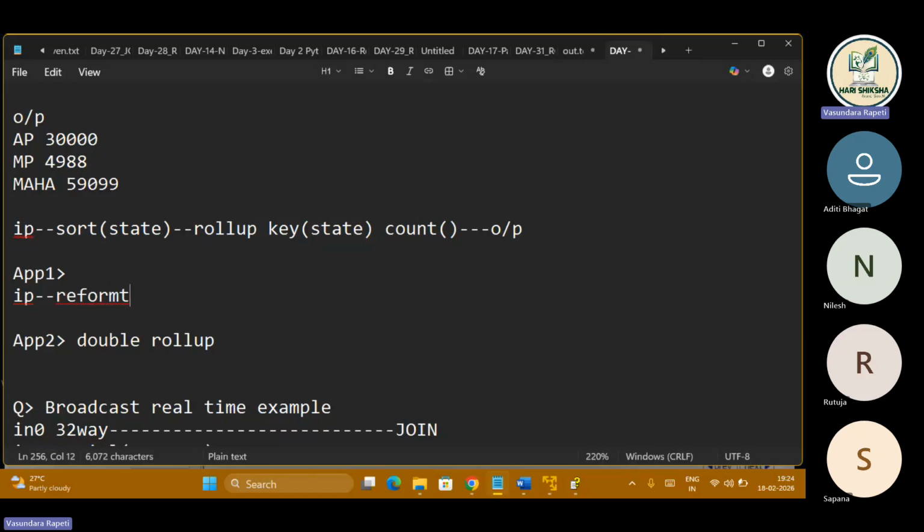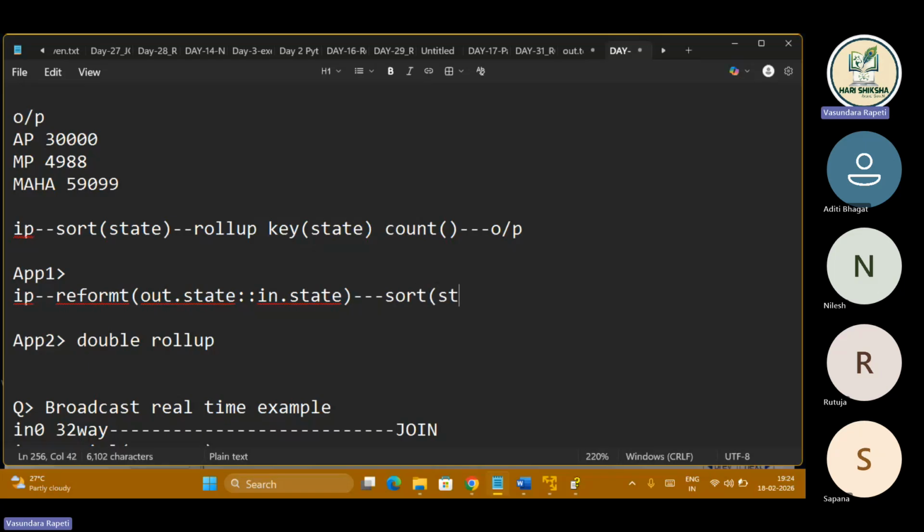If you cut this one column in the reformat, only the state column will go to the output. Then things will reduce, right? This is one way.